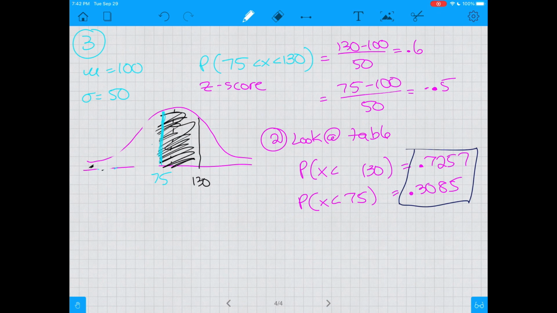That's it. A big place where people make mistakes is they subtract the z-scores. Remember, subtract your probabilities. Don't subtract your z-scores. Probability, there's an I in there. The biggest place where people make mistakes is they subtract the z-scores. Get your probabilities first, and then subtract.